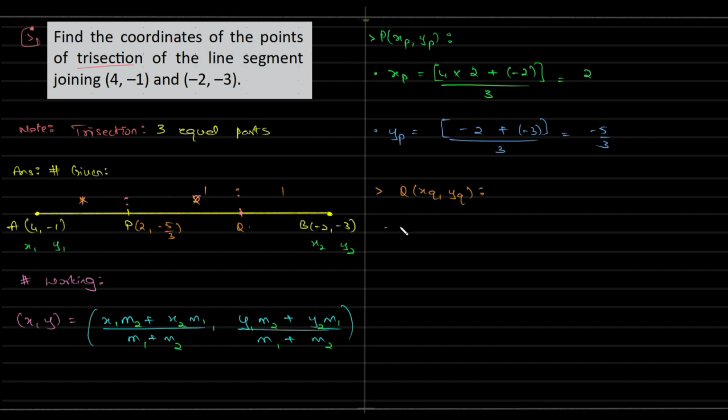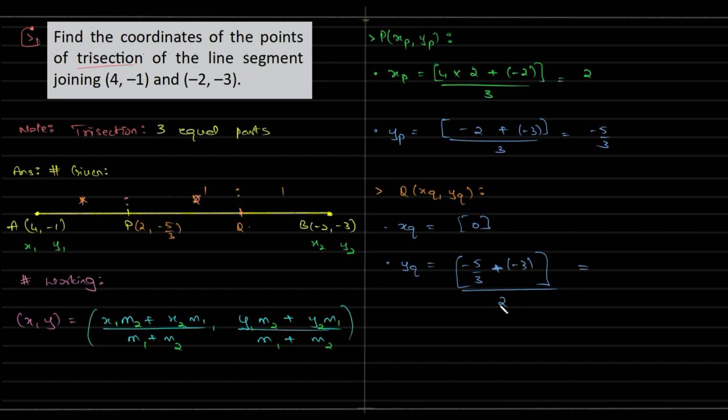And for the midpoint, it's quite simple to calculate. Just take the coordinates: xQ is (2 + -2)/2 = 0, and you're done. yQ is (-5/3 + -3)/2. Again, I'm using the formula, just that m1 is 1, m2 is 1, so it kind of disappears. Divided by 1 plus 1, which is 2.